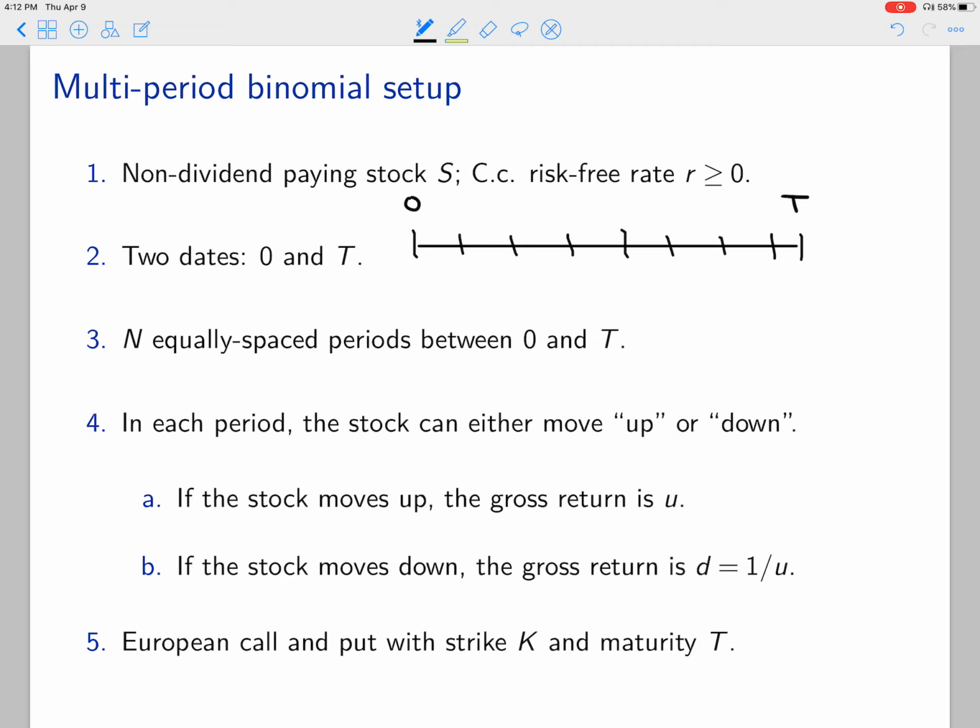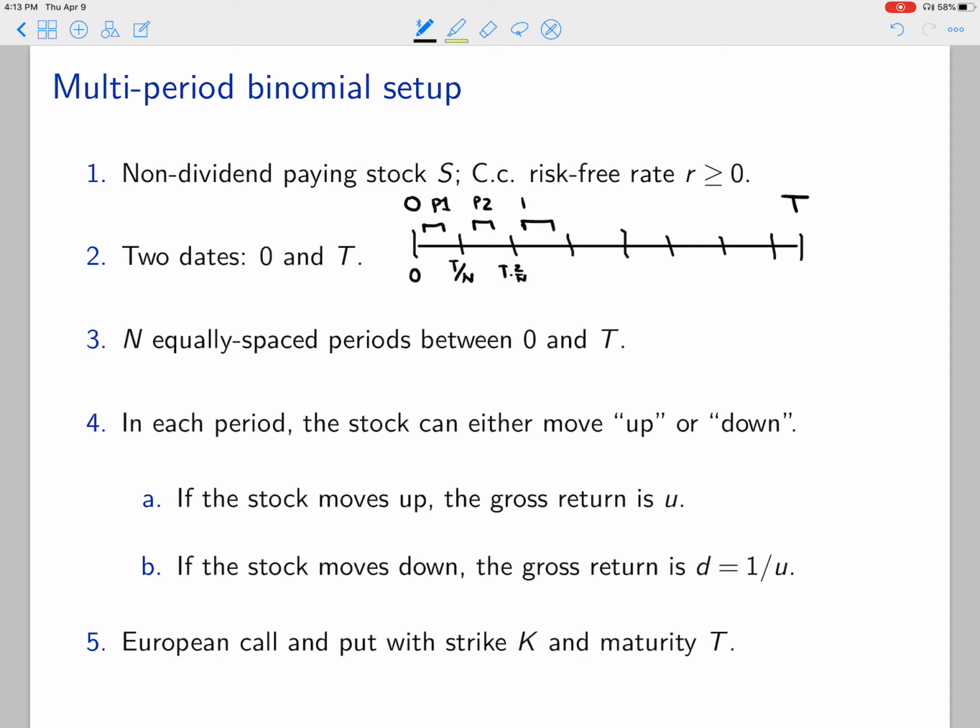The first period, period 1, will be comprised of dates 0 to date T over n. The second period, period 2, will be comprised of dates T over n to dates T times 2 over n.